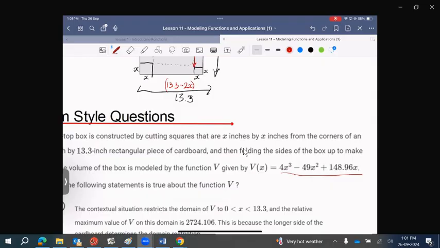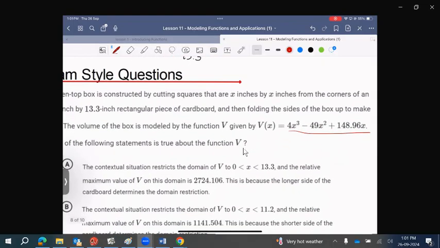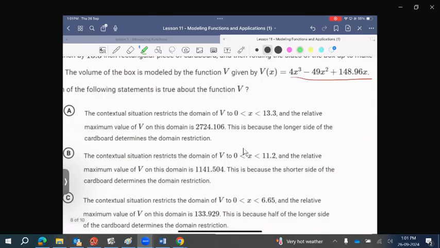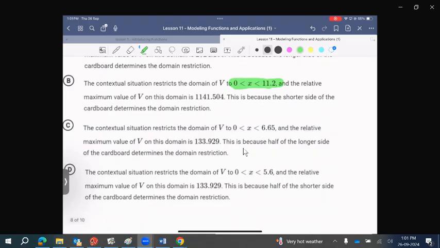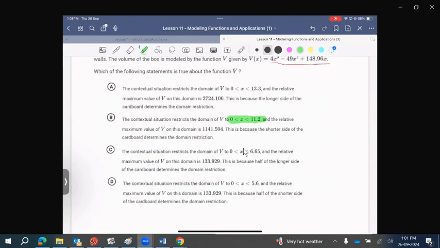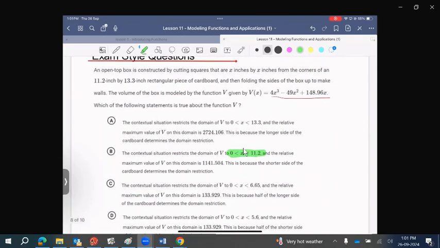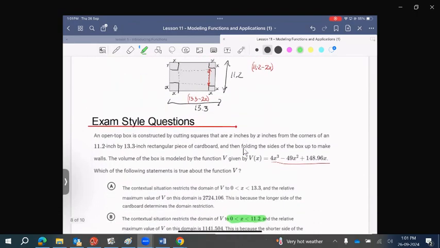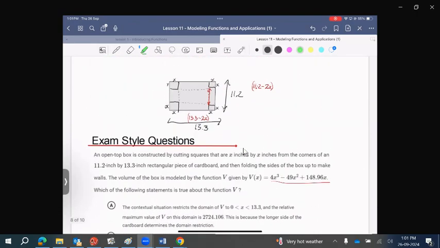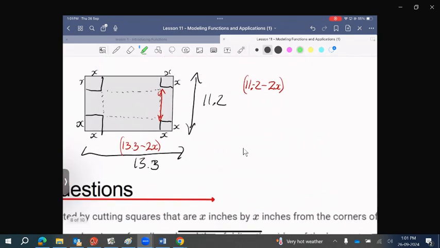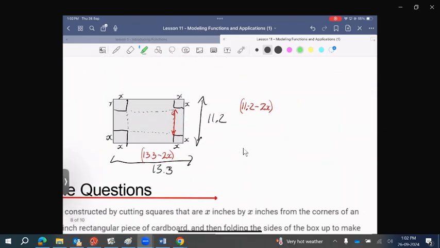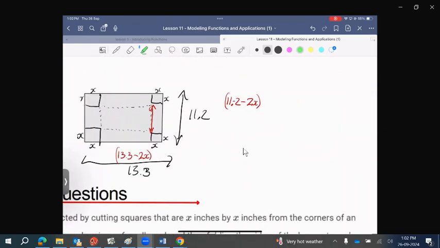The volume is when we multiply those two together, and that's been done for us. So the domain is going to be restricted by the fact that the x value can't be bigger than that, because then you wouldn't be able to have two of them. So 11.2 would be the biggest that we can have. Oh, no, sorry, we've got to halve it, don't we?